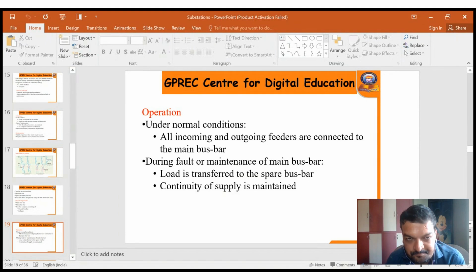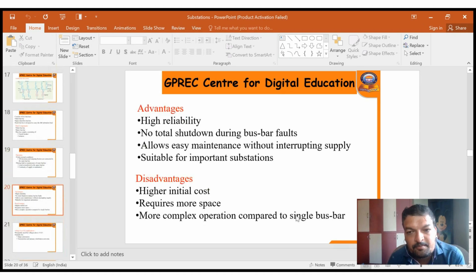So when a fault occurs in the main bus bar, whatever load is connected to the main bus bar is shifted to the spare bus bar through the bus coupler, so that the spare bus bar acts as the main bus bar and continuously supplies the power.